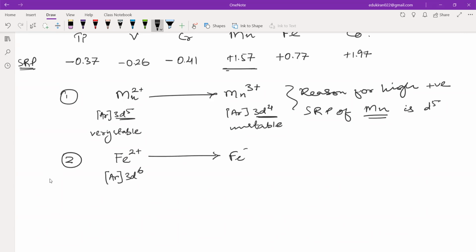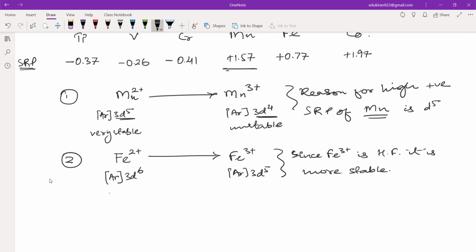Then Fe3 positive will be argon 3d5. So here we are going from unstable, that is not half filled, to half filled. Since Fe3 positive is half filled, it is more stable. So these are the two observations that you have to look at.